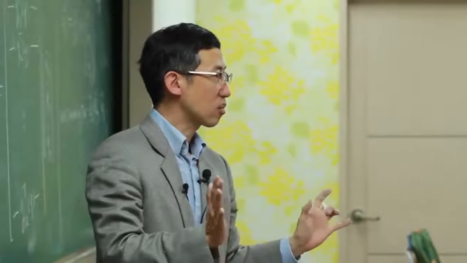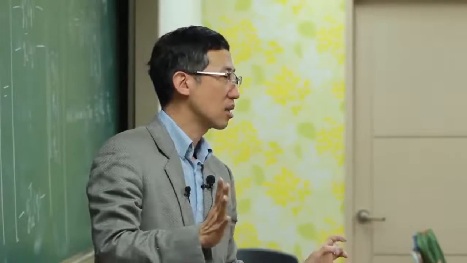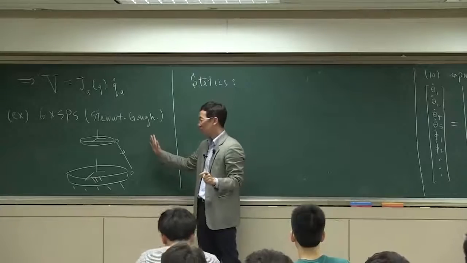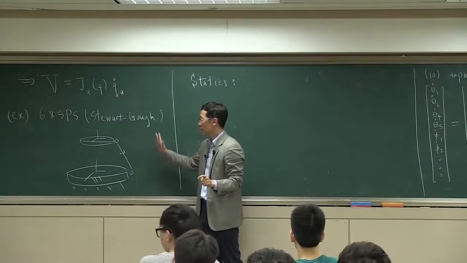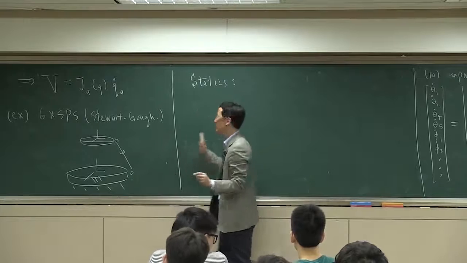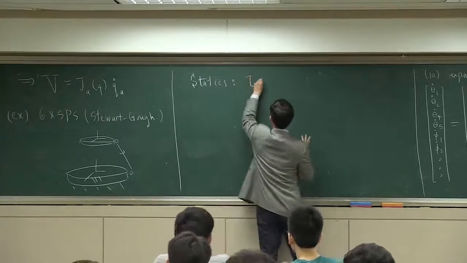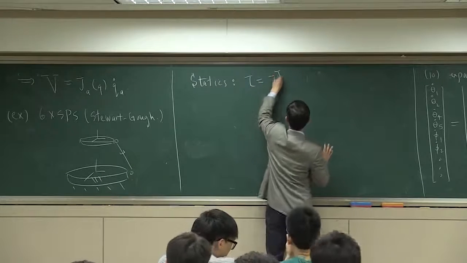So using the same virtual work principle, we can also make the argument that for this closed chain, it's the same relation. Tau equals J transpose F.